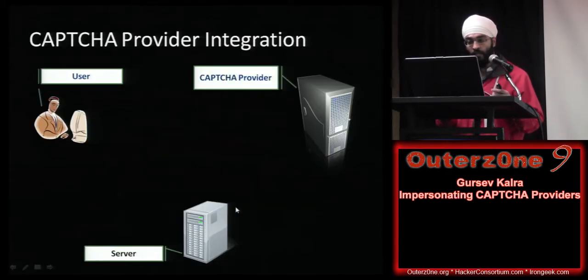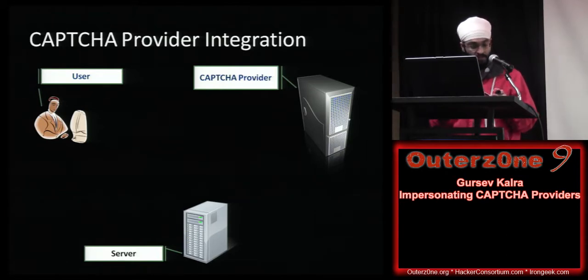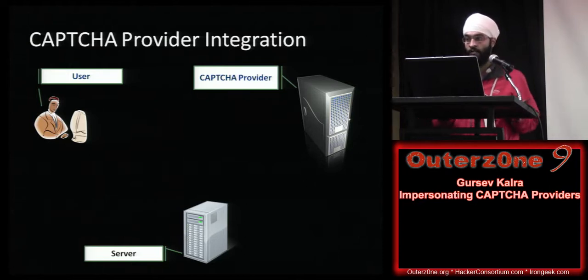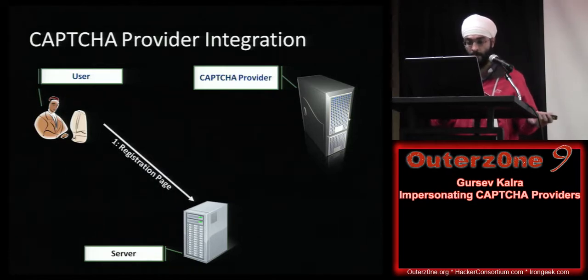So this is how typically a CAPTCHA provider integration works. This is a user here, and this is a CAPTCHA provider, and this is a server to which you're going to try and create a new login. So let's see, for example, you want to register for a new mail ID. So you go to the registration page.